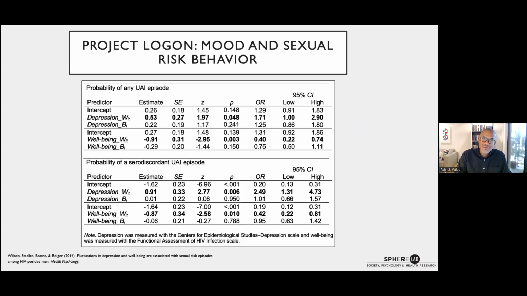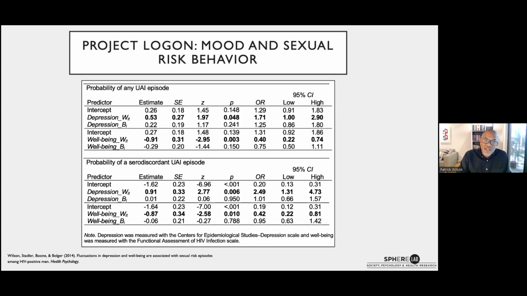And here, these are findings from our weekly diary, in which we looked at depression and well-being, depression using the CESD, well-being using the FAHI, and wanted to look at both average, person-level depression and well-being, as well as changes in depression and well-being, changes from a person's average.